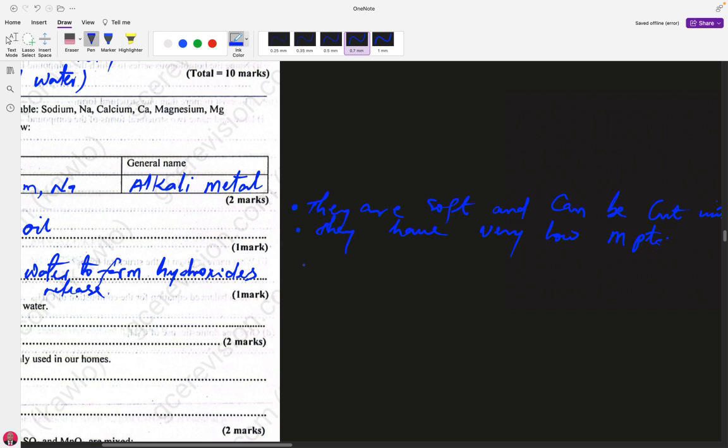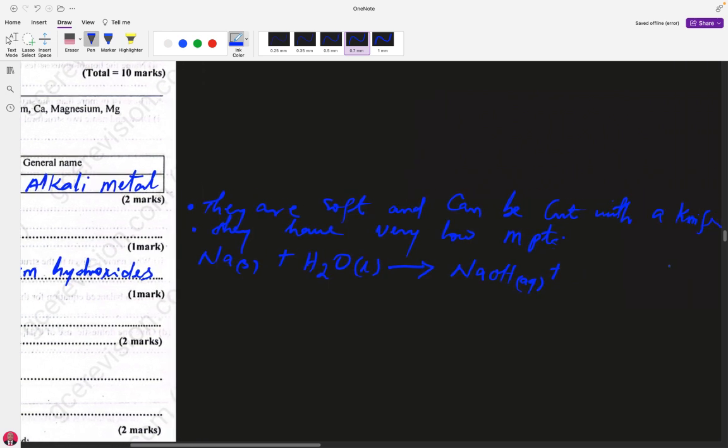So you will have sodium, which is solid, plus water, which is liquid, to give an alkali, that is sodium hydroxide, which is aqueous, plus hydrogen gas that is being released.